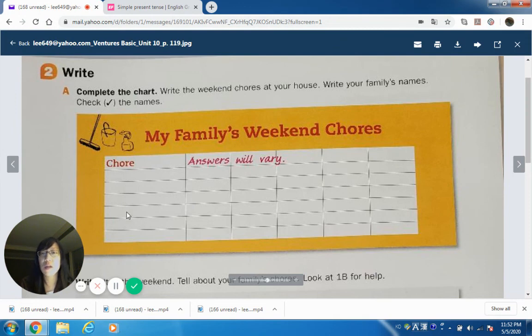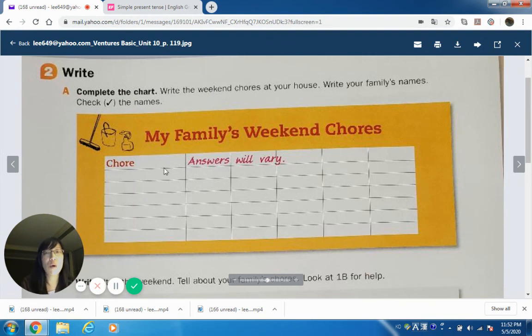Mop the dining room floor. What else? Paint the garage or paint the walls. Bathe your dog or bathe your cat. It could be anything. Or go to the bank, deposit money at an ATM machine.